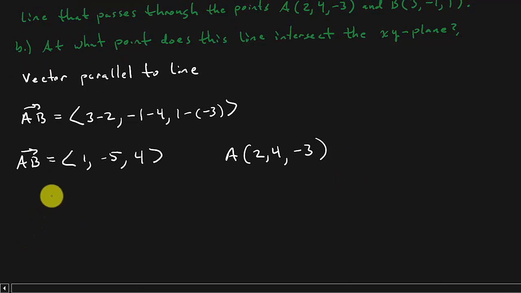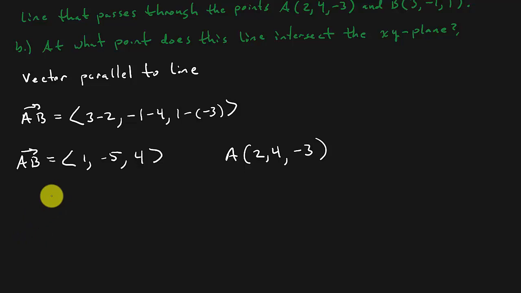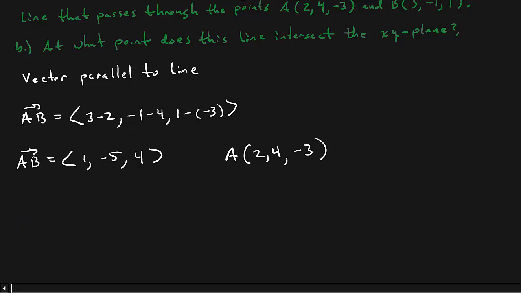We need what? a, b, c, x0, y0, and z0, right? So we've got a is equal to 1, b is equal to negative 5, and c is equal to 4. And then we have x0 is 2, y0 is 4, and z0 is negative 3.